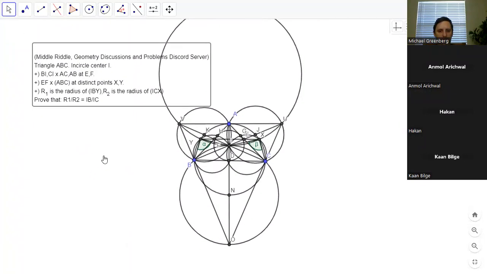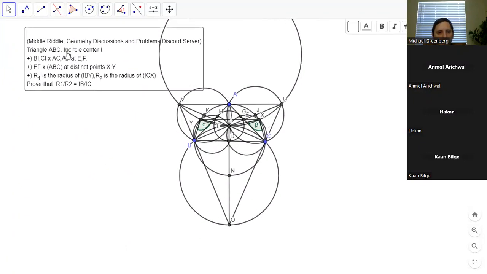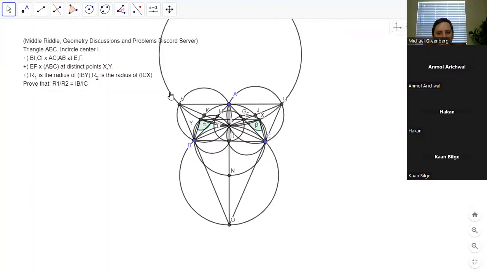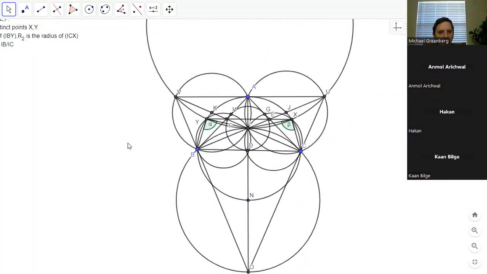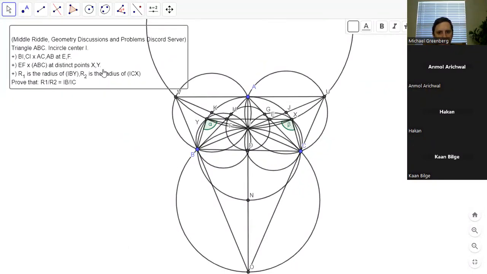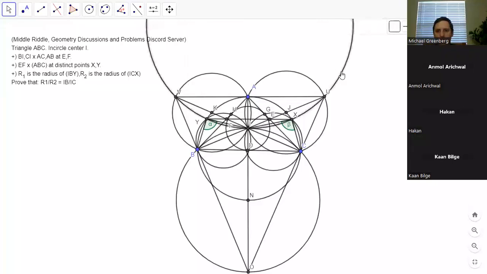Can you join the AX center U with the, like, can you move a little bit to the left, so that it's not an isosceles triangle? Hold on one second. Did you use this circle in your proof or no?